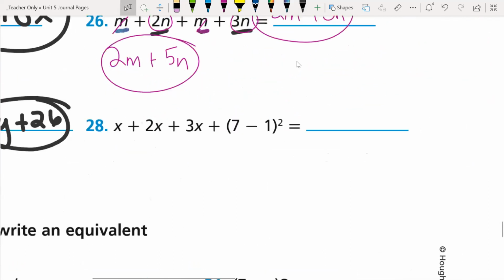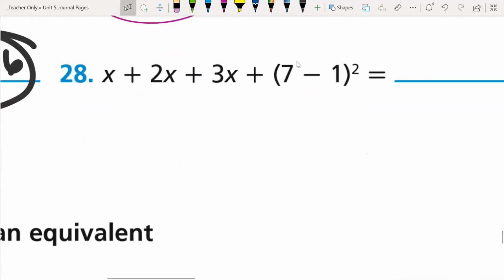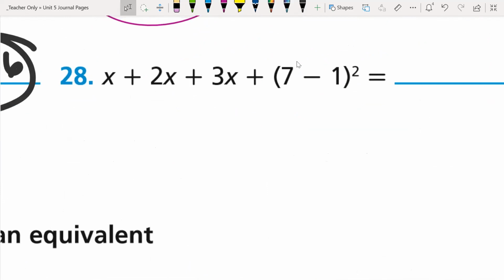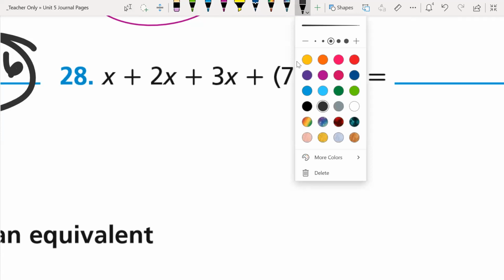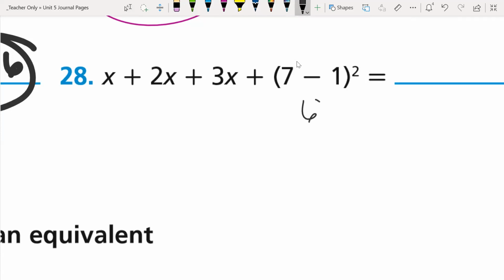I'll do number 28 with you too, because this is also tricky. What's tricky about this is our exponents, right? And if we do PEMDAS, we're going to do what's inside the parenthesis first, which is 6 squared plus 3x plus 2x plus x.